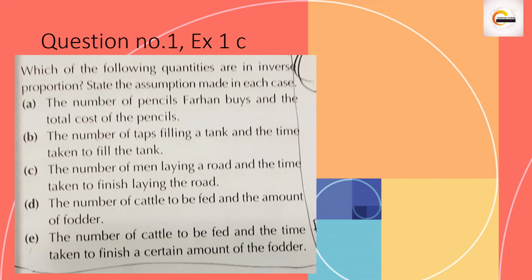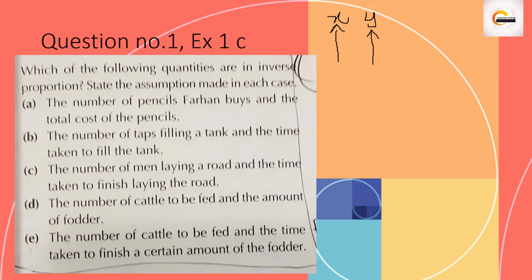What is direct proportion? Direct proportion is when the value of one variable is increasing, the value of its corresponding variable will also increase. This is direct proportion.